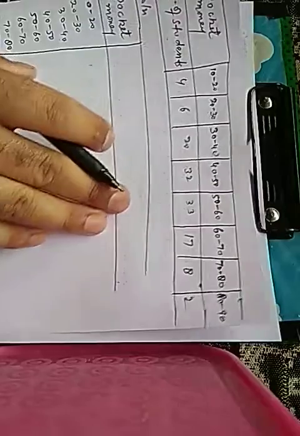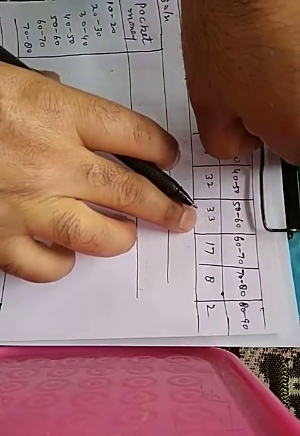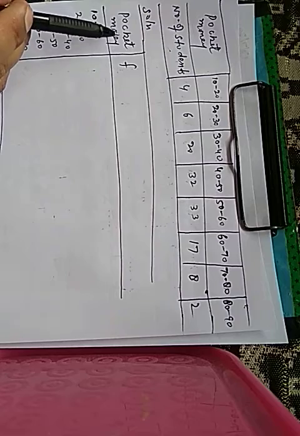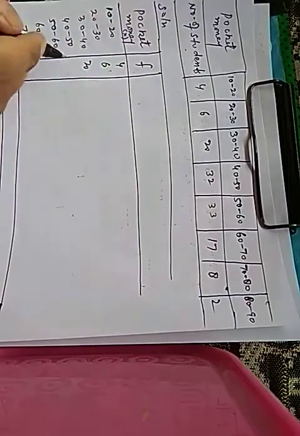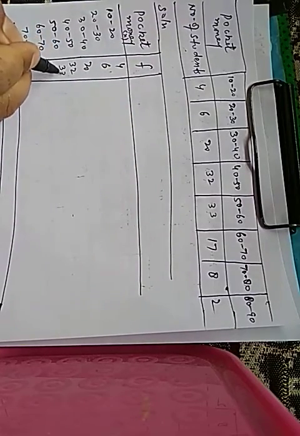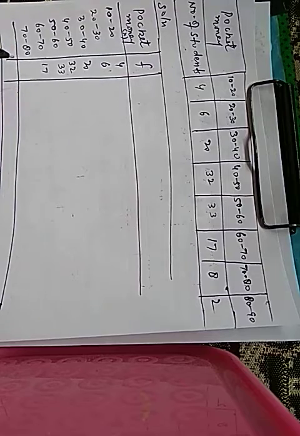And for number of students we can write frequency of the variable x, denoted by f, and the frequency given is 4, 6, 20, 32, 33, 17, 8 and 2.